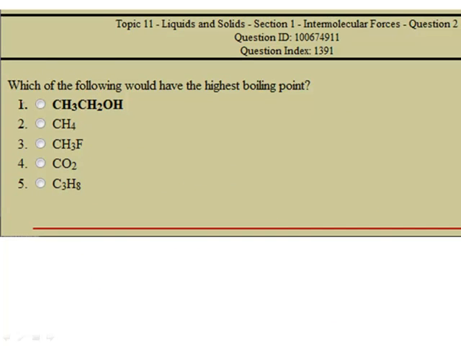Which of the following has the highest boiling point? Well, we see here that this is nonpolar, so that's going to have a very low boiling point. You know that dry ice has a very low boiling point. And when it comes to looking at these other things, this is pretty polar, so that is going to have a low boiling point compared to these. This is pretty non-polar and fairly small.